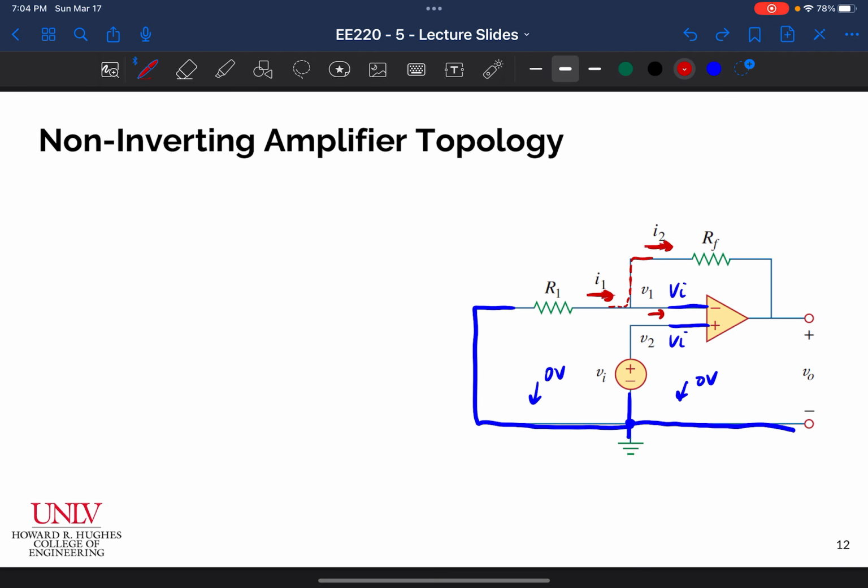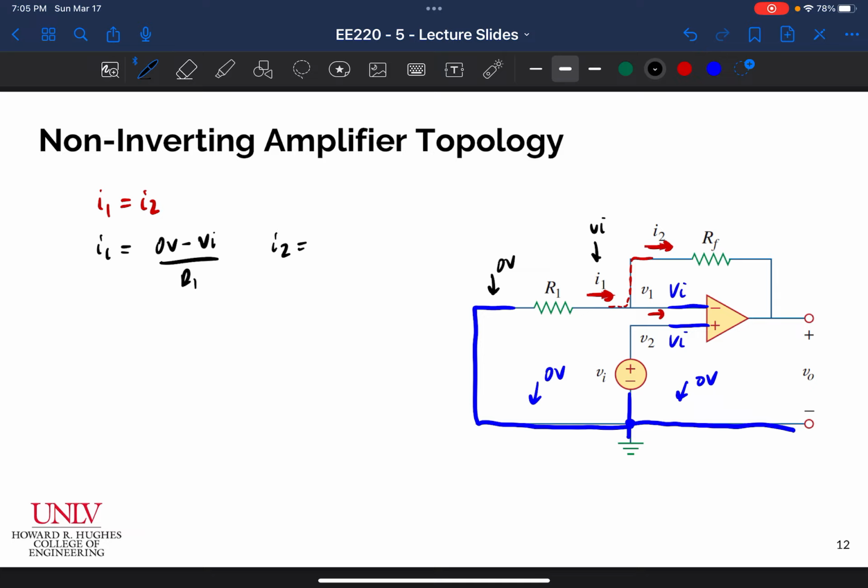So knowing that, let's go ahead and write these expressions for I1 and I2 again. We know that I1 is going to be equal to I2 ultimately. So let's just write an expression for I1. Again, it's going to be the voltage drop across my resistor divided by the resistance. This side is at 0. This side is at V in, so we can write 0 volts minus V in over R1.